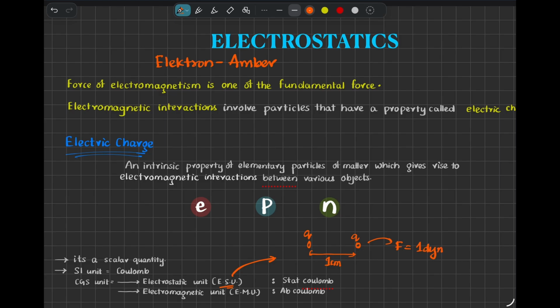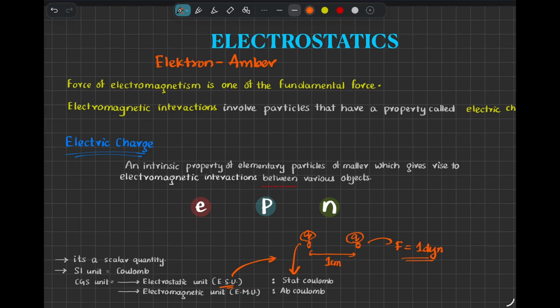So if two equal charges are kept 1 centimeter apart and the force of interaction comes to be 1 dyne, then the amount of charge present in each is called 1 statcoulomb. This is how we define the electrostatic unit. Now in case of Coulomb, the way of presentation is different. It is the SI unit of electric charge.